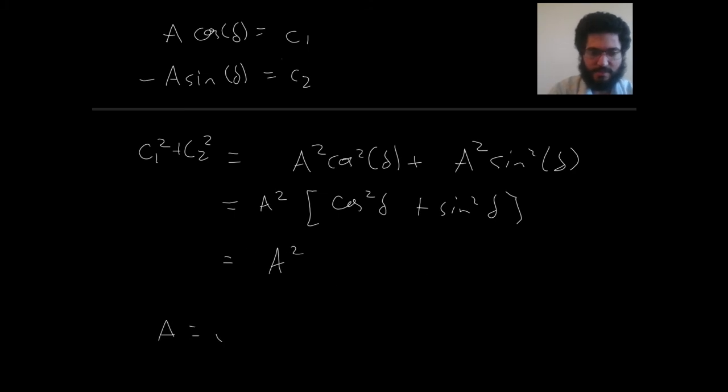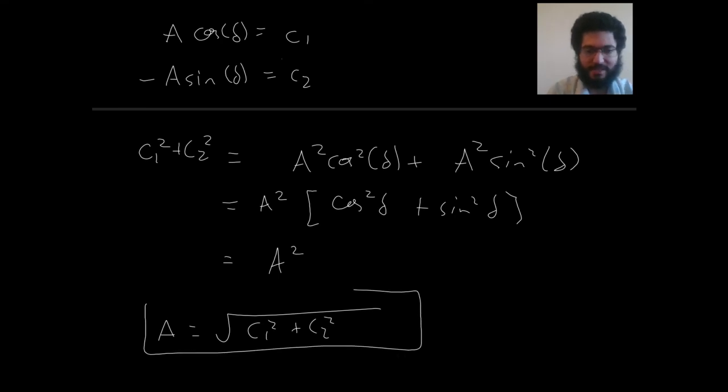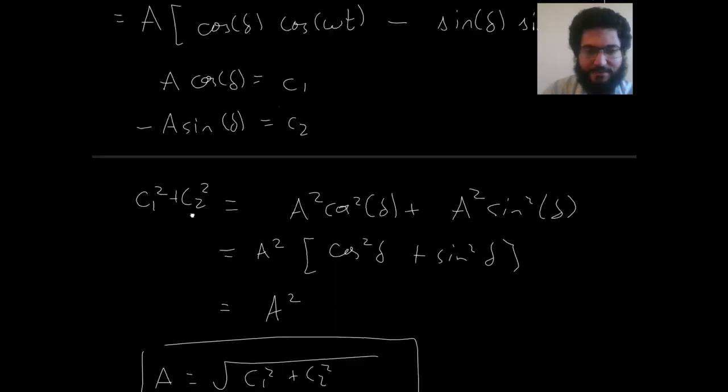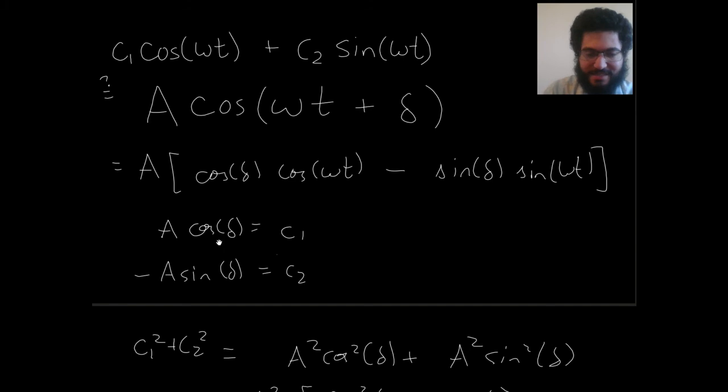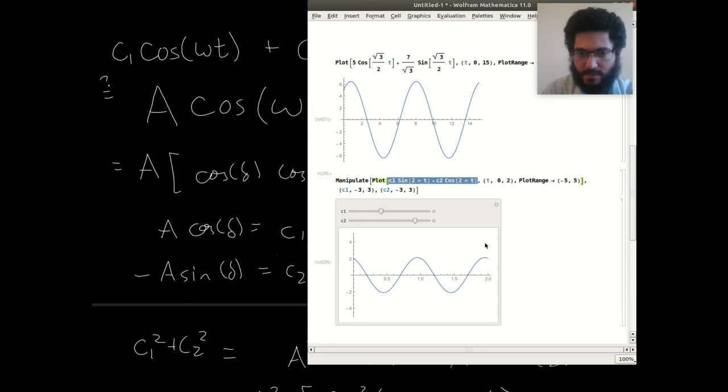So then a is the square root of C1 squared plus C2 squared. That's neat. So we just found the amplitude. If this works in the end, if this system has a solution, then we found what the amplitude would be. And spoiler, the system does end up having a solution.